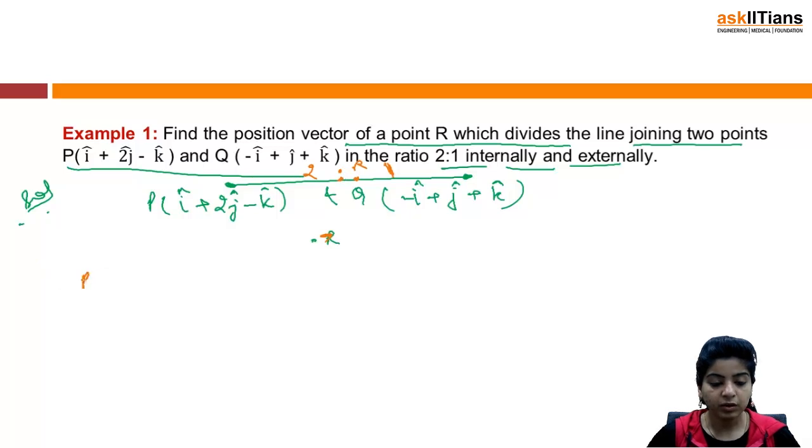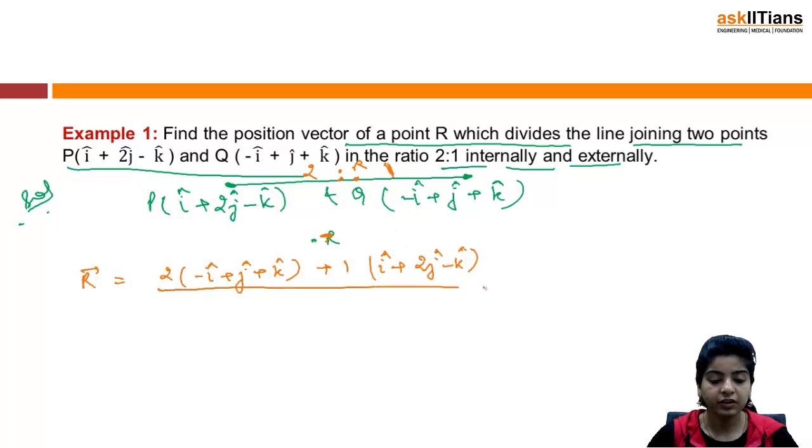just apply the formula for r, that will be 2 into this coordinate, that is 2 into minus i plus j plus k, plus 1 into i plus 2j minus k, divided by the sum of the ratio, that is 2 plus 1.